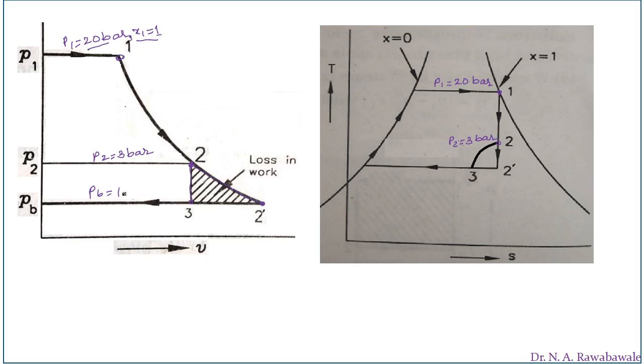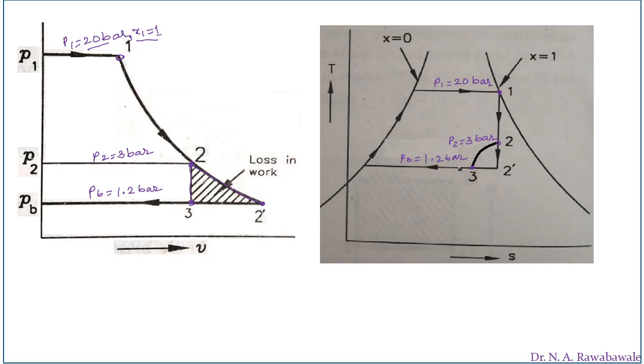So this 2-3 process is the release of steam into the condenser at the back pressure of the engine, or condenser pressure PB equal to 1.2 bar.